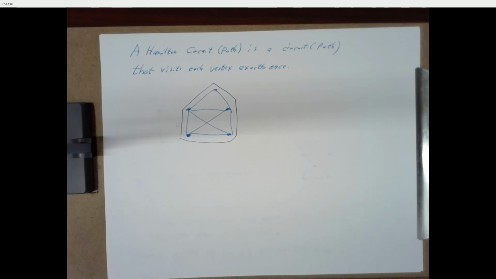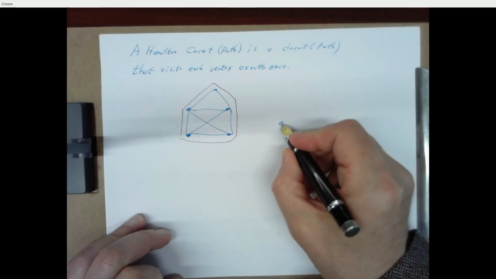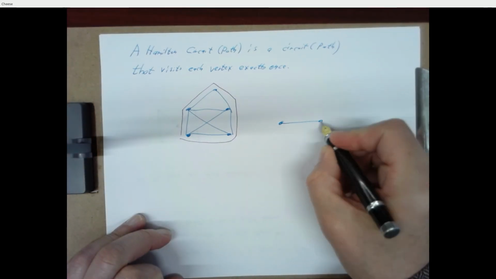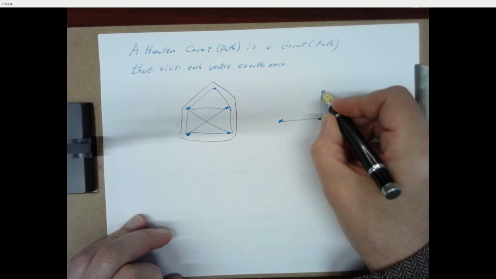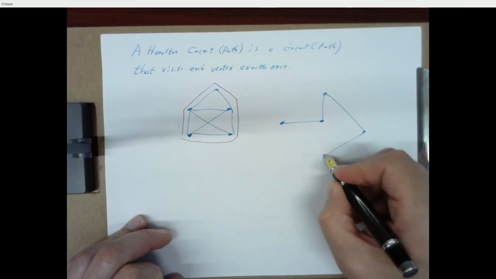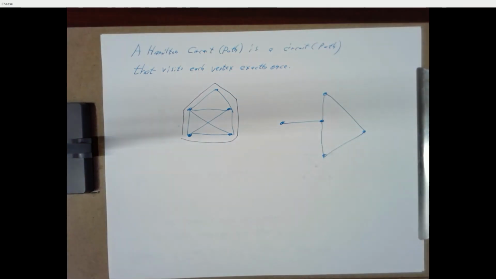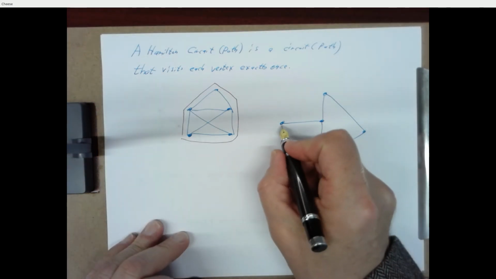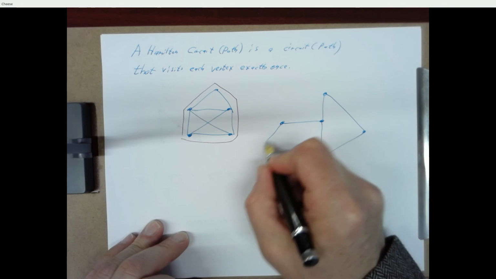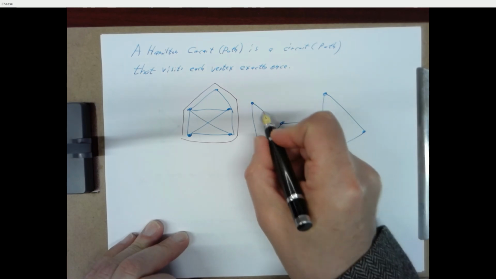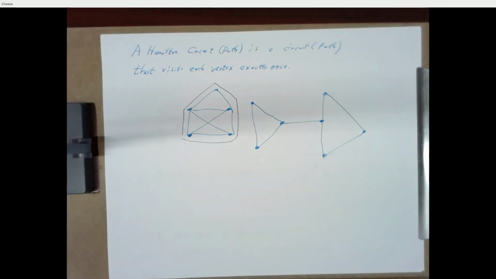So let's find something without a Hamilton. So that one I'm pretty sure there's no Hamilton path for.